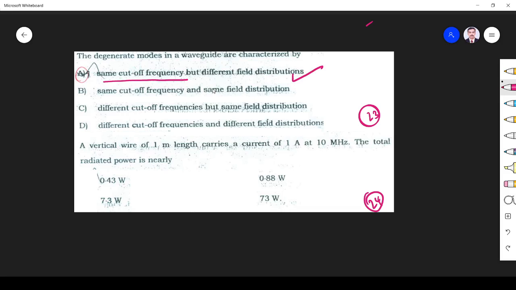Okay. Next one is a wire of length L, right? So dl is equal to 1 meter, carries a current of 1 ampere at frequency 10 megahertz, that is 10 power 7 hertz. What is the total radiated power, right?